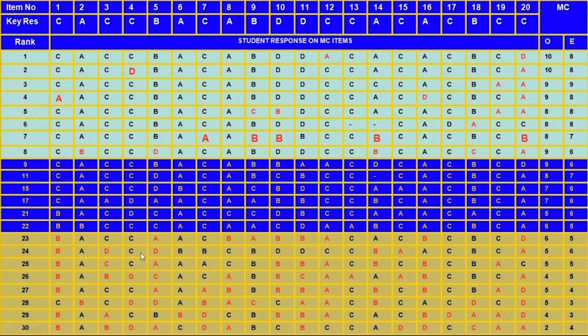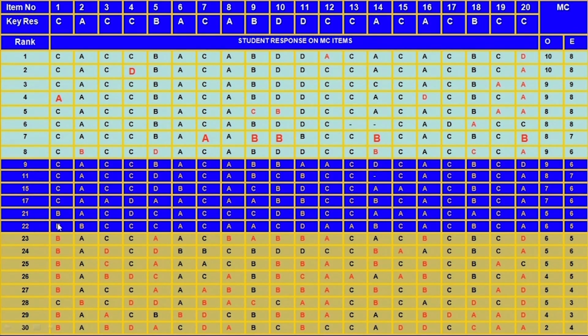There were 30 students in the class. I have divided these 30 students into 2 groups, with an in-between group which I ignore. The in-between group is from 9 to 22.